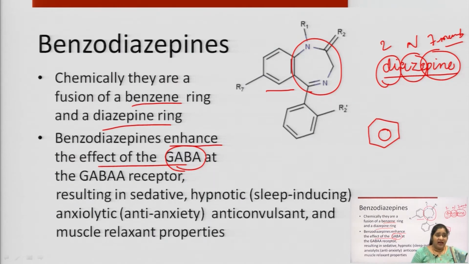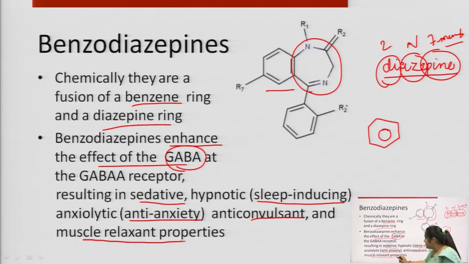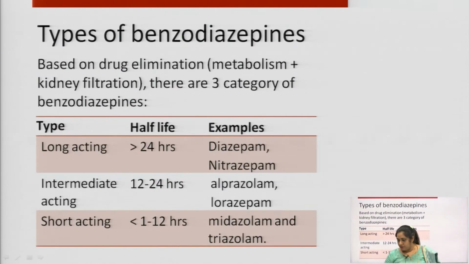Its effect at the GABA receptor results in sedation, the calmness, the sleep inducing property, and also anti-anxiety, anti-convulsant and even muscle relaxant properties. So benzodiazepines can be used as all of these categories of drugs by the action of benzodiazepine on the GABA receptor.